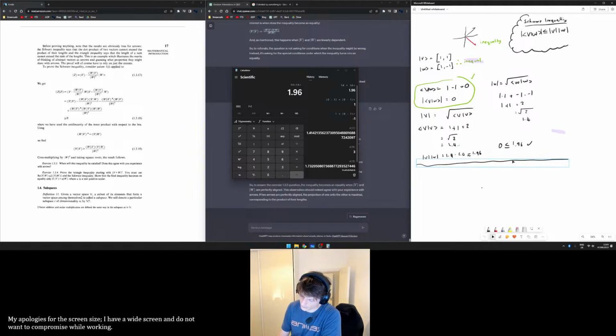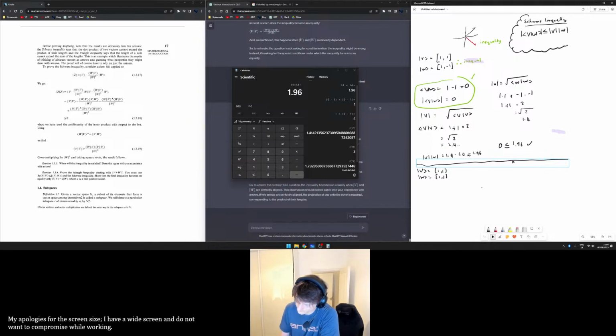Now let's go for equality. So if v was actually equal to (1, 1) and w was equal to (1, 1), they're both on the same line. They're both parallel, so that makes sense.